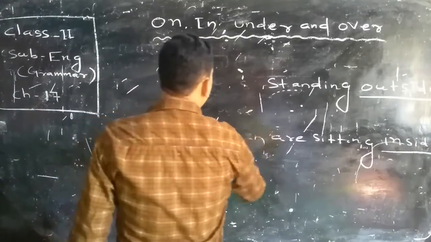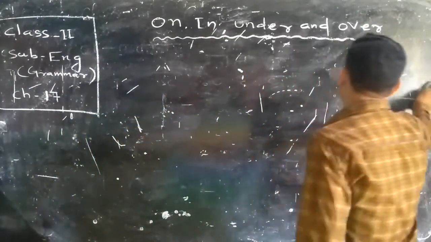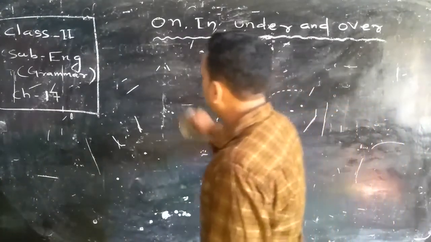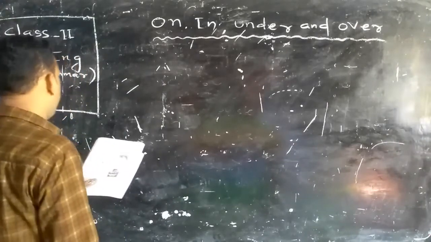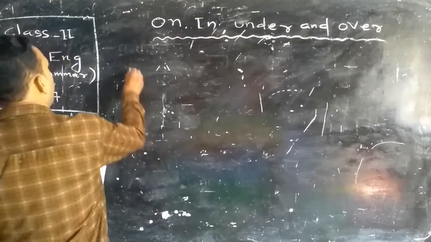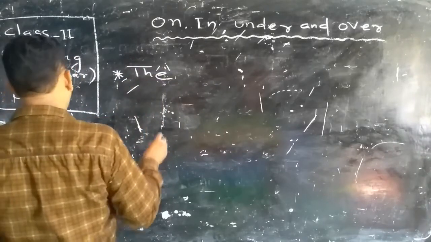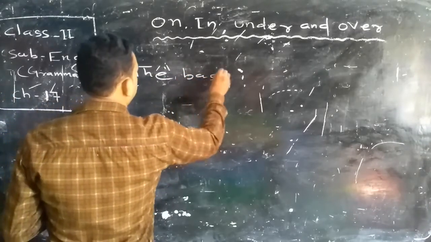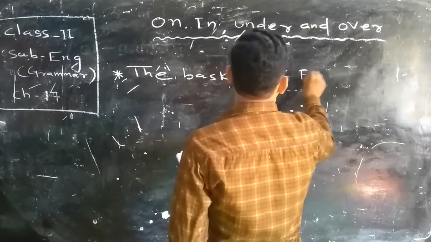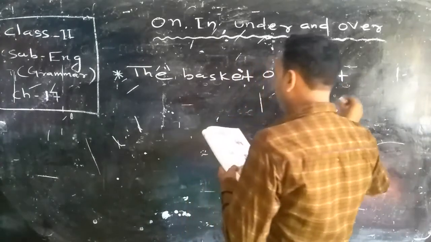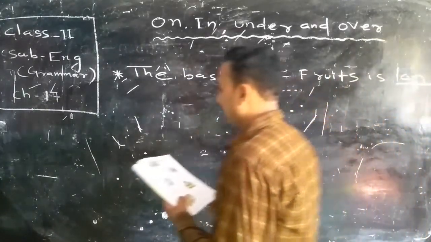So dear student, you have to write all the numbers in your copy. It's important for you, and repeated again, it is important for you. So all the numbers you have to write in your copy. Then third number, the basket of fruit is on the table.